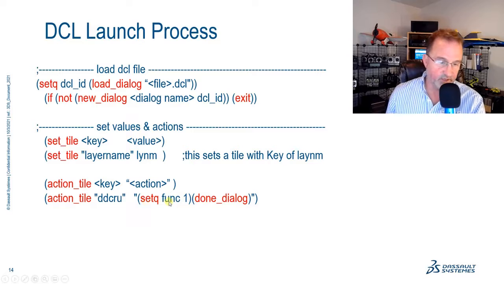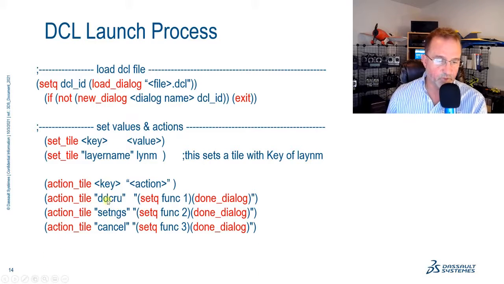First of all, I'm going to set a variable. In this case, I'm going to set the variable called function1 to a value of 1, integer of 1. And then if that button is something that I want to finish the interface, I can actually put this done dialog command in there, and then it will exit out.